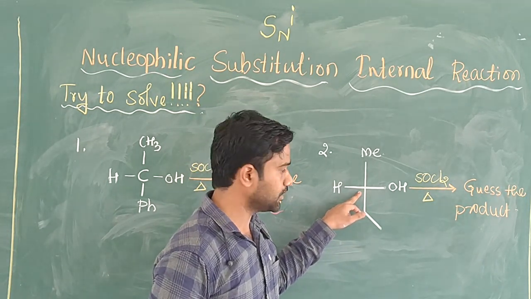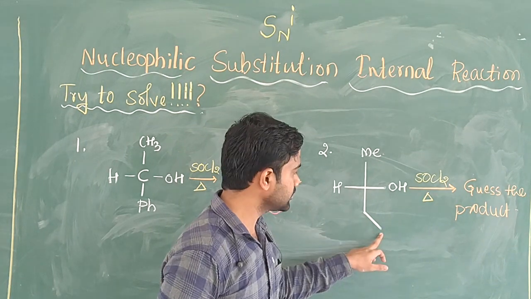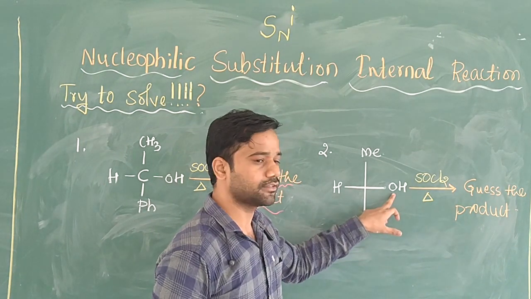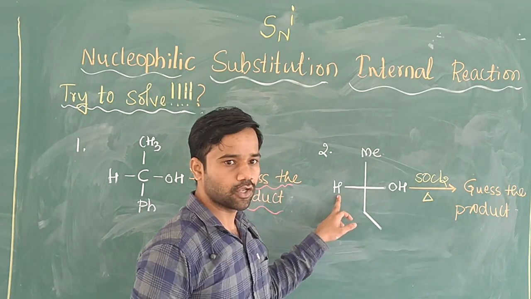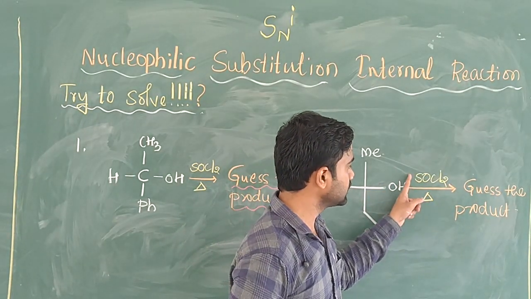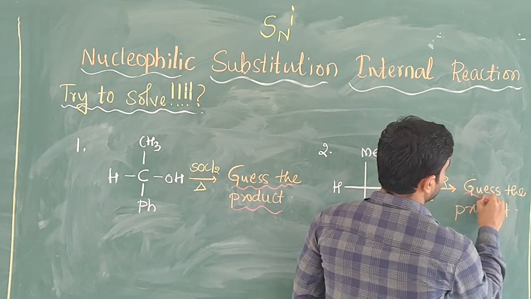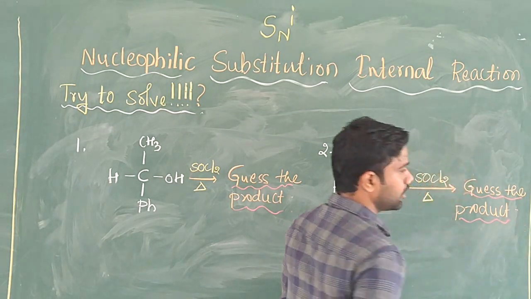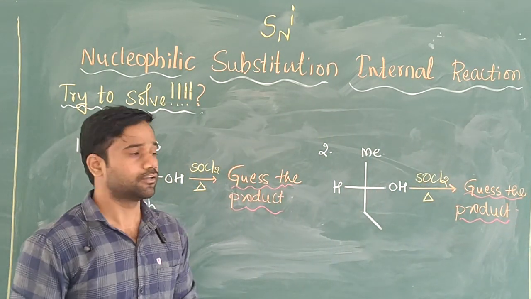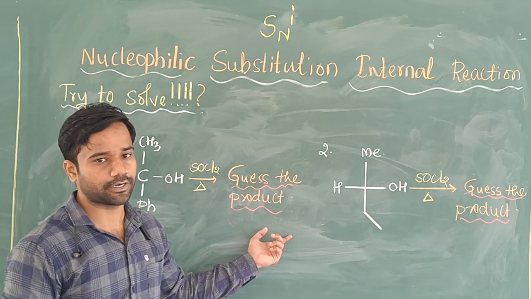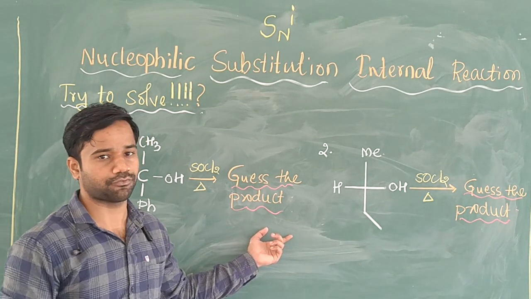This is a carbon, and this is a CH2, and this has a methyl group, which contains the alcohol and the hydrogen group. With the same reagent, thionyl chloride and heat, again try to solve and guess the product. Try to solve these, they are very important questions for your future reference. Thank you.